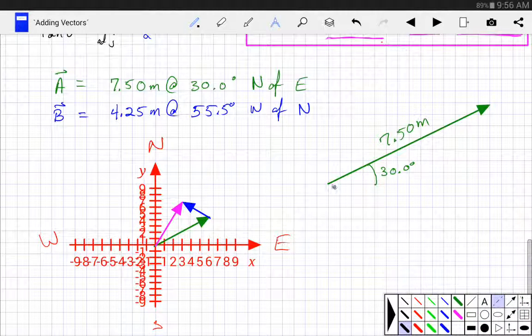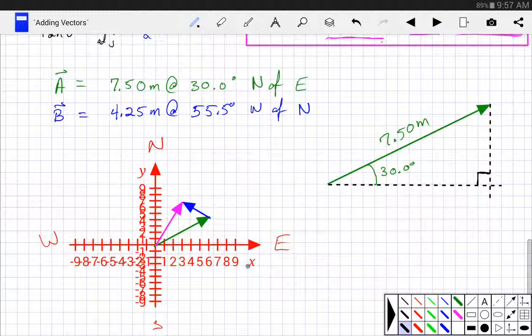So in terms of components, I'm going to start at one end and go parallel to east. Start at the other end and go parallel to north. And that makes a right triangle for me. Now with this right triangle, here's my right angle. I can break my vectors into the components by looking at which one is which.